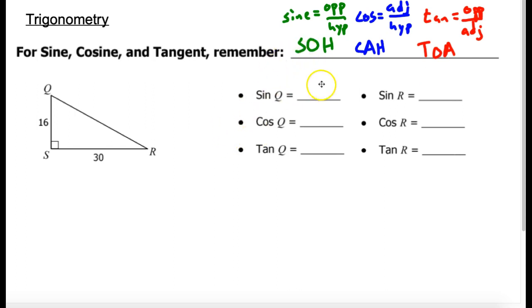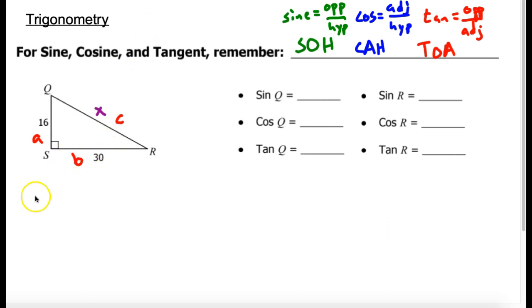To write out those ratios in a triangle like this, we actually first need to find the missing side. If we call this x, then we're going to use Pythagorean theorem yet again. My two legs, A and B, and then the hypotenuse is C. So yet again, in this example, we're solving for the hypotenuse.